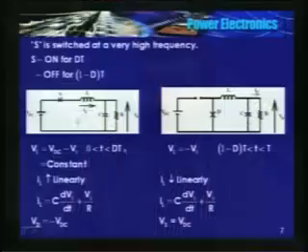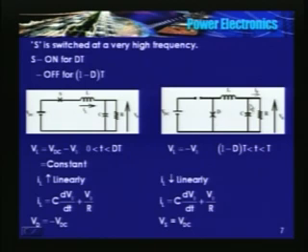What is the load here in the buck converter? The load here is a resistive load connected across a capacitor, and I am saying that V naught will remain approximately constant.